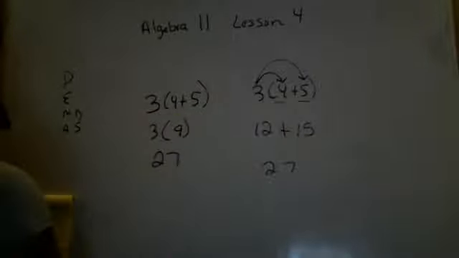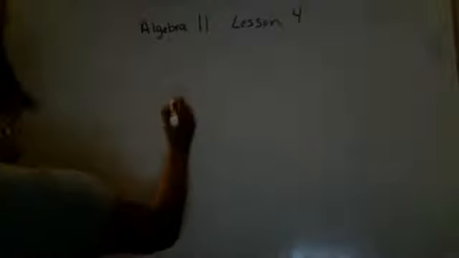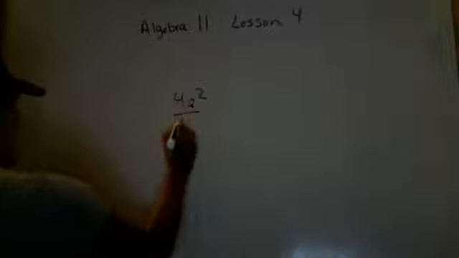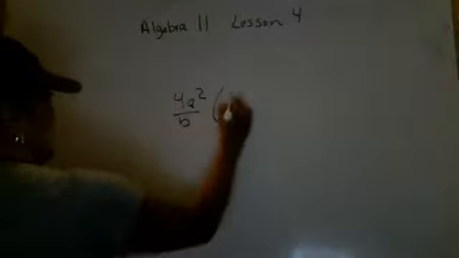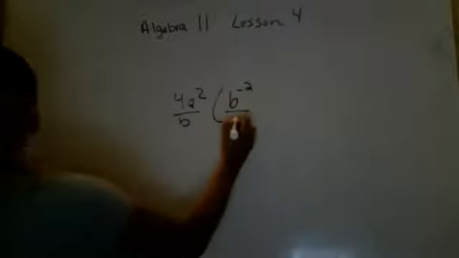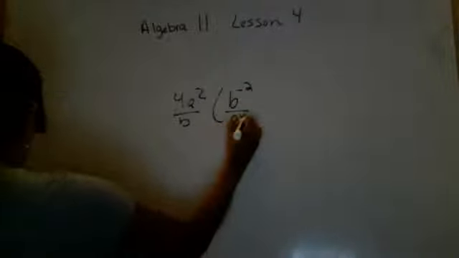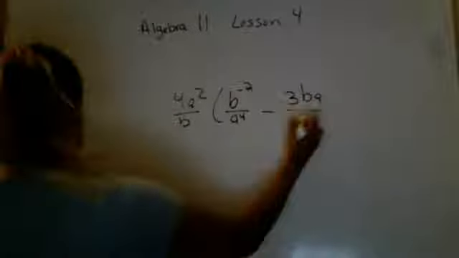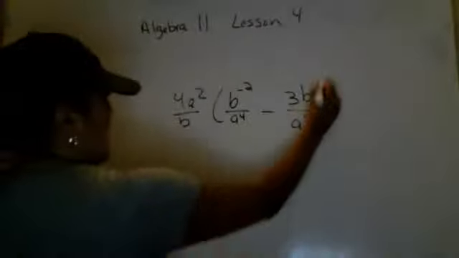Let's look at an example. Let's look at a complicated example. It says 4a squared over b times (b to the negative 2 over a to the 4th minus 3ba over a squared).